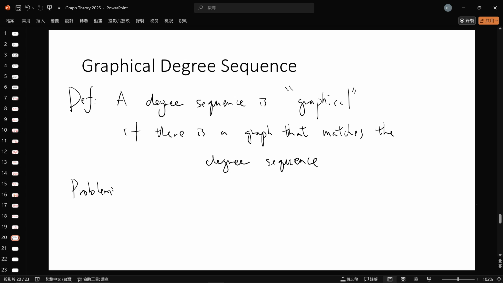So the problem is really, given a degree sequence, call it D, determine whether D is graphical or not.